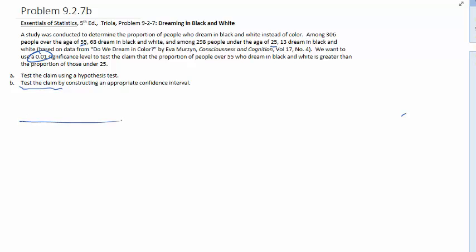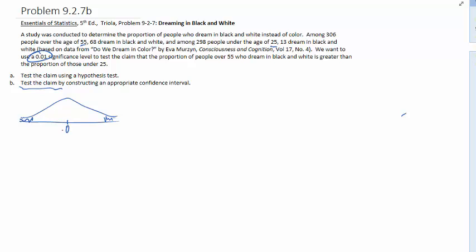So this is a proportion problem. What we can do is think about this as wanting to know if our test statistic is going to be in the failing to reject region, which is here in the middle, or further out, outside of these bounds.